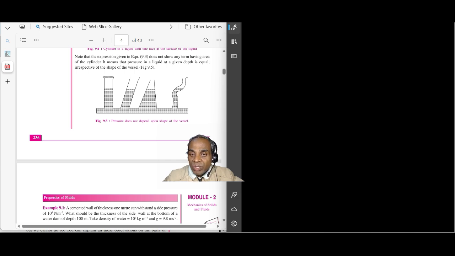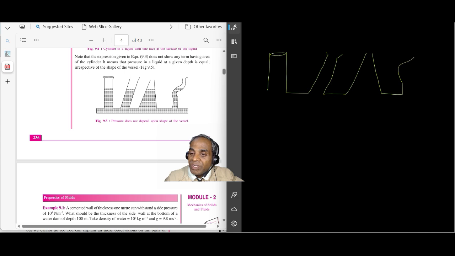So if you see all these figures, let's say the first figure is in the form of a cylinder, the second figure is in the form of an inclined vessel, and the third is some other vessel where the neck is narrowed down at the top, and some other vessel which is in the form of a curve at the middle. So in all these cases we are only concerned with this depth.